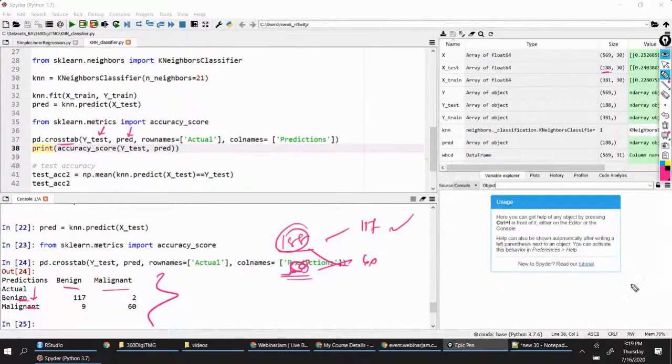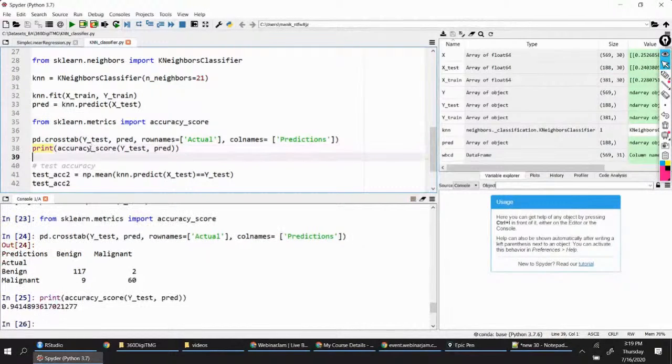We can also use this inbuilt function called accuracy score to do the same calculation. It will give you the same result, 94%. So the model that we have developed here is 94% accurate.